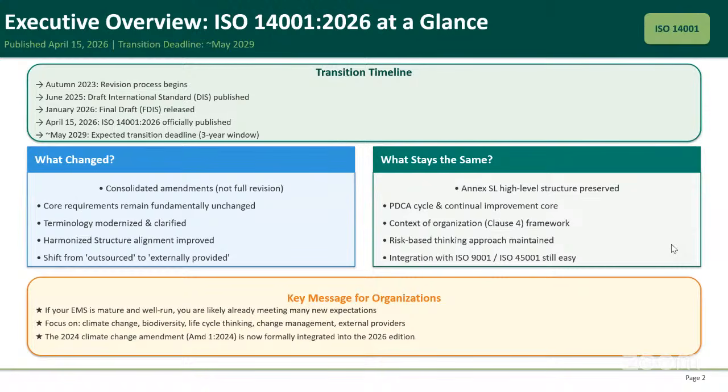Such issues shall include environmental conditions being affected by or capable of affecting the organization. But in the new standard, the organization shall determine the external and internal issues that are relevant to its purpose and that can affect its ability to achieve the intended outcome of its environmental management system.